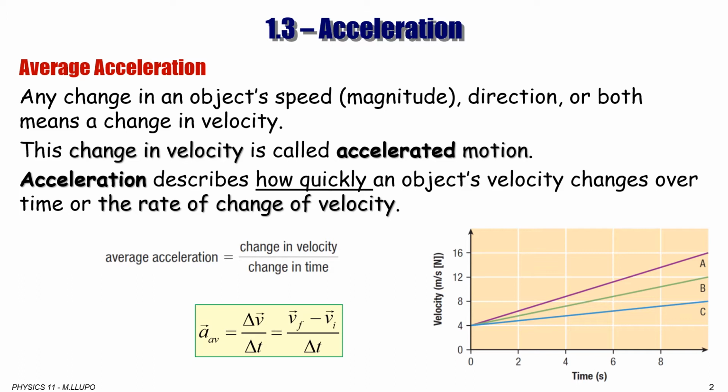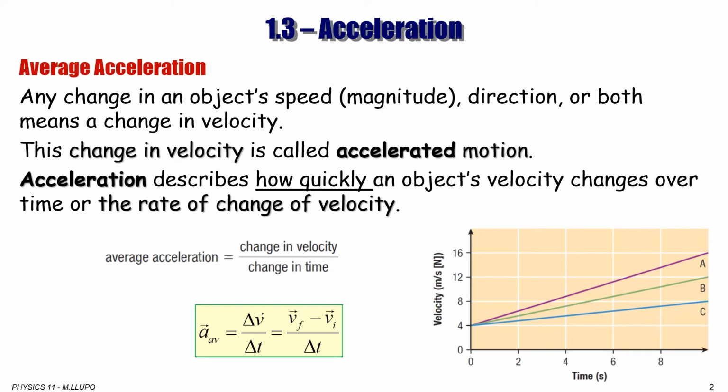That means object A is accelerating faster, picking up speed faster than object B, and object B is accelerating faster than object C. So the formula of the average acceleration is a_av equals delta v over delta t.